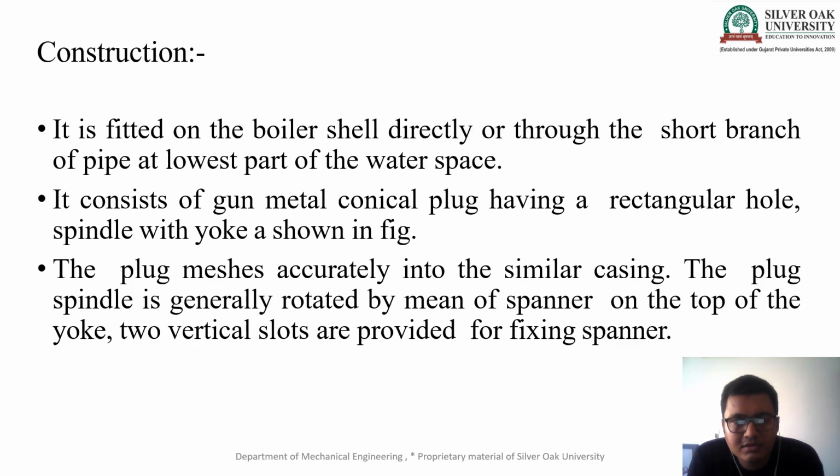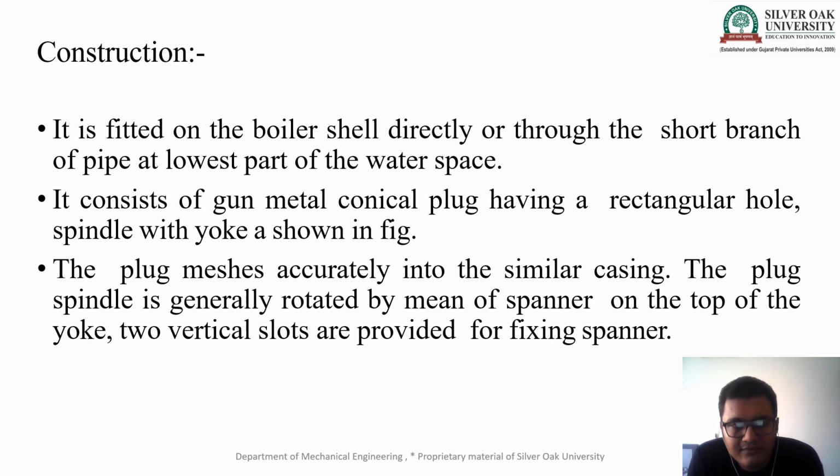Now the simple construction of the blow off cock. It is fitted on the boiler shell directly or through a short branch of pipe at the lowest part of the water space.